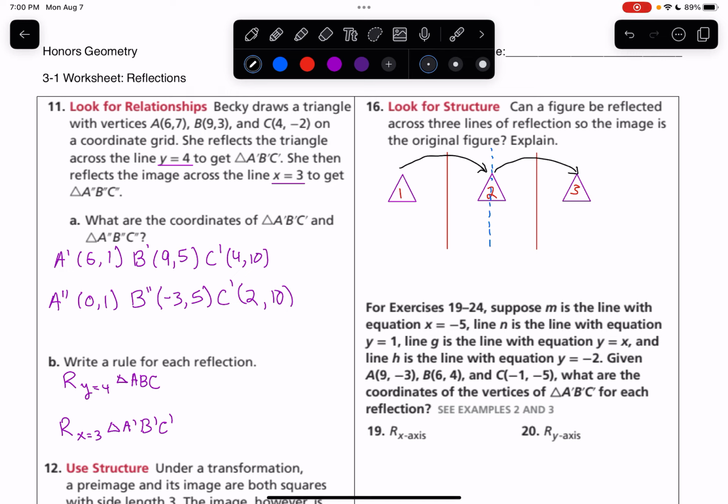Then when I reflect backwards across the blue dotted line, triangle 3 is going to map itself back onto triangle number 1. And that means that this figure then is reflected across 3 lines of reflection, so the image is the original figure. It goes bloop, bloop, bloop, back to there. There are lots of other ways that could work as well, but drawing a diagram is a good idea.